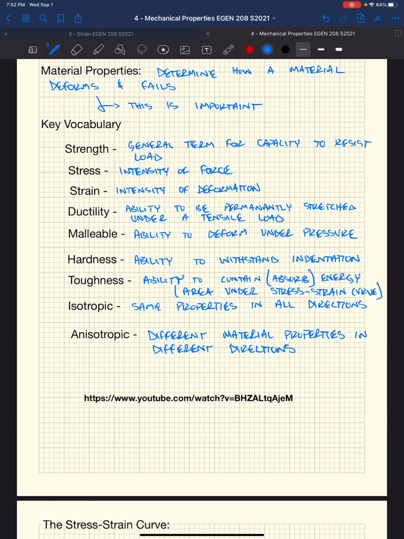Another one would be wood. Wood's anisotropic. You have wood grains, so you're stronger parallel to grains than you are perpendicular to grains. Steel would be a good example of isotropic. Most steels generally have the same properties in all directions. It's milled. It's a consistent material.